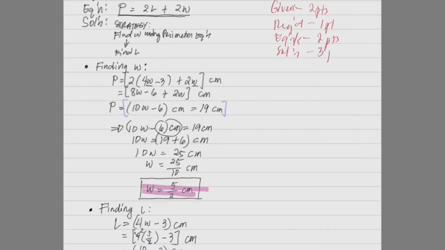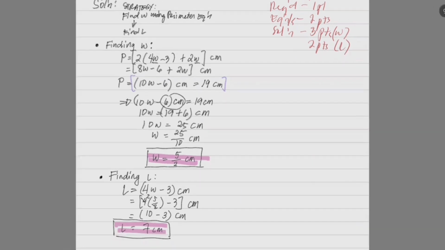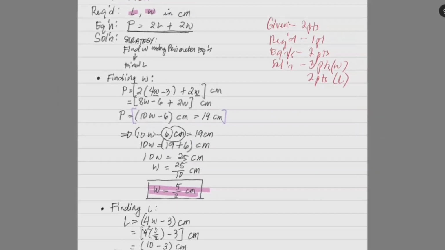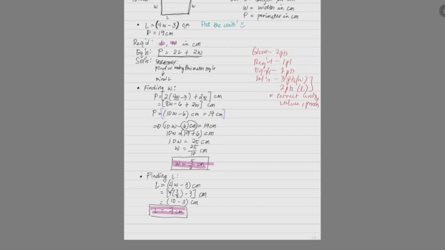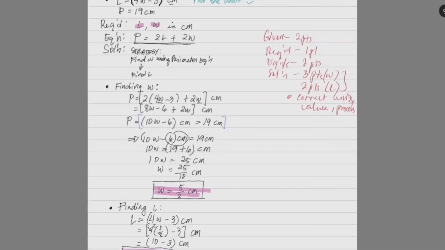maybe 3 points for finding the W, and then 2 points for finding the length, assuming that there are correct units, values, and process. So that's how maybe your teachers allot some points.